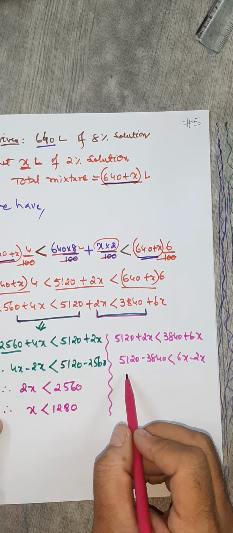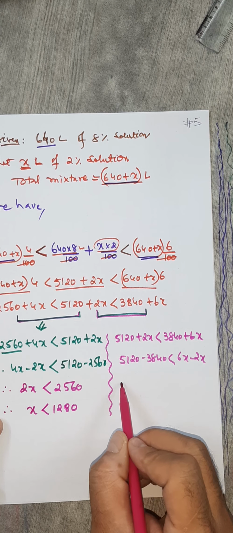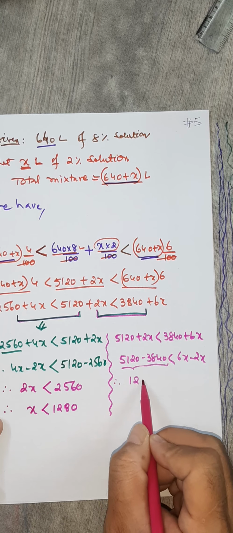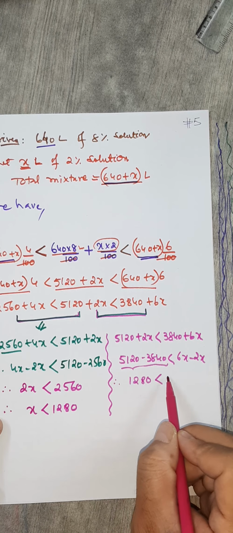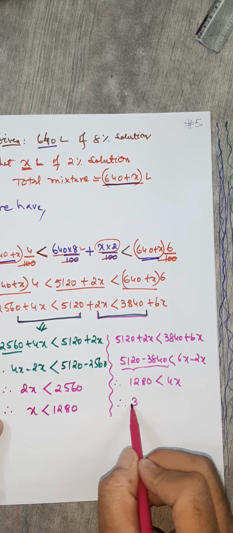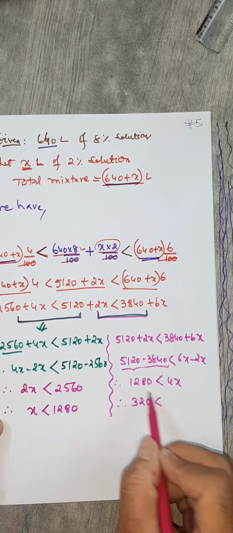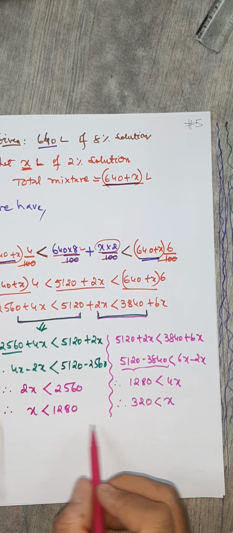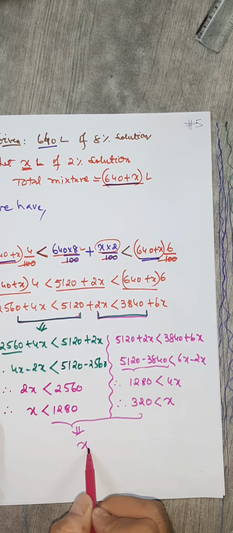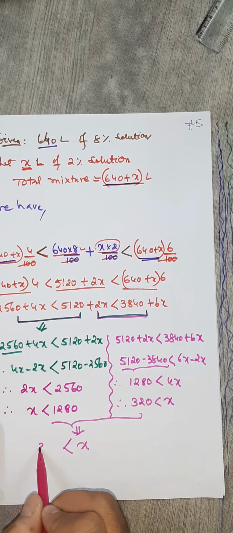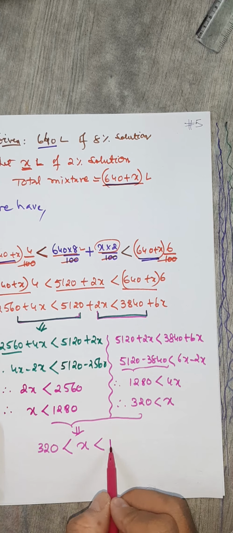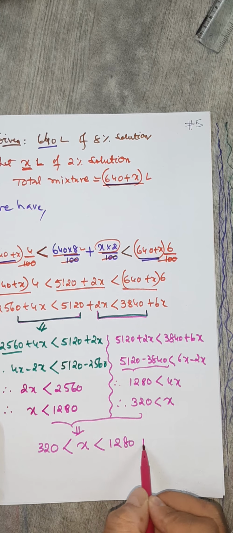If you subtract, this will be 1280 less than 4x, and dividing by 4, this is just 320. So what you have shown, if I merge these two, is x is more than 320 and x is less than 1280 liters.